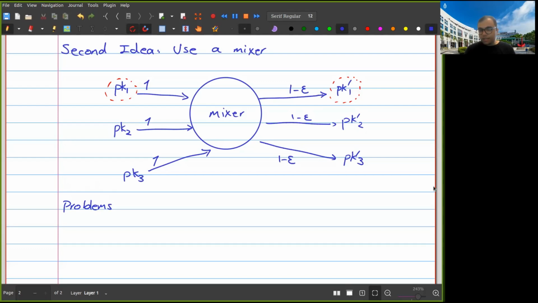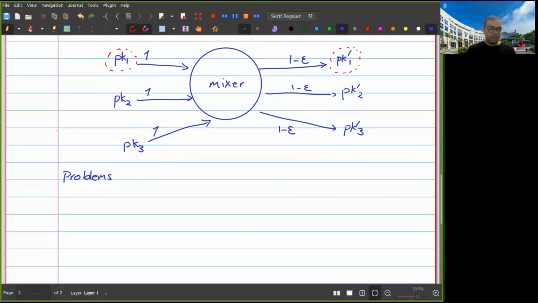Yes, so there is actually a really nice point in the chat. Can we trust the mixer to not leak the link between our two accounts? Yeah, actually, we cannot trust the mixer. And in this course, we never trust anyone. So the main problem here is that this is a centralized solution.